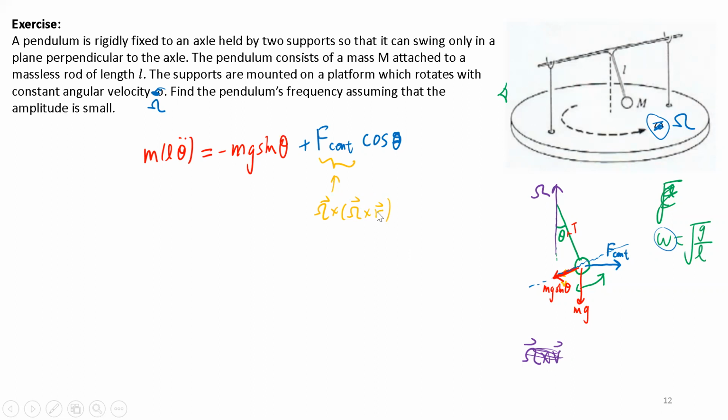The length of this vector is just L sine theta. So the magnitude of the whole thing would be capital omega square times L sine theta, and of course, I have a factor of m like this.